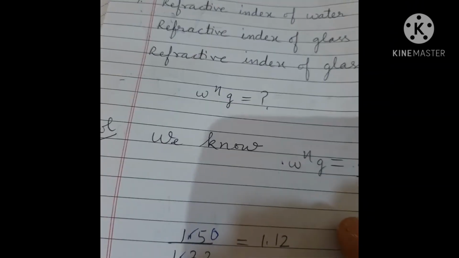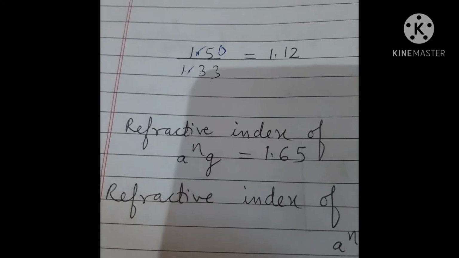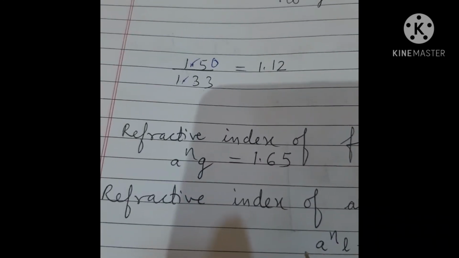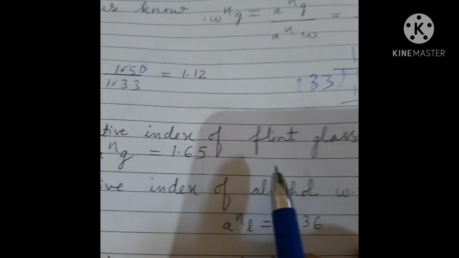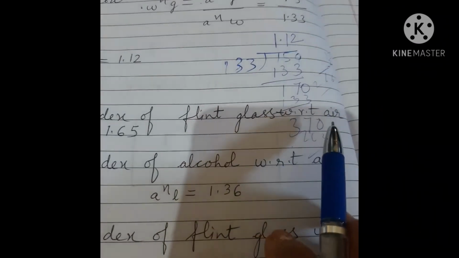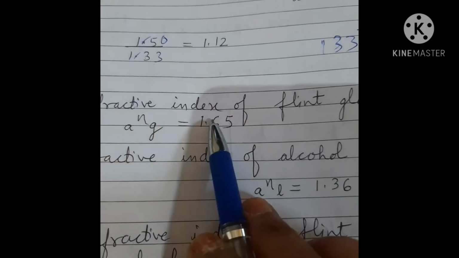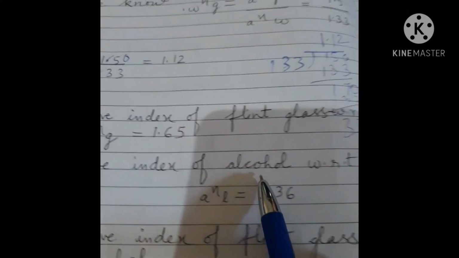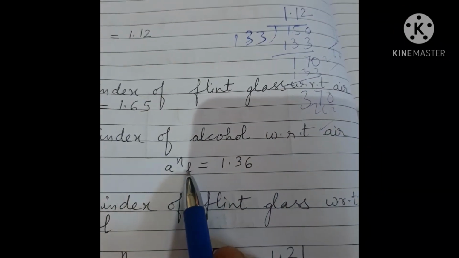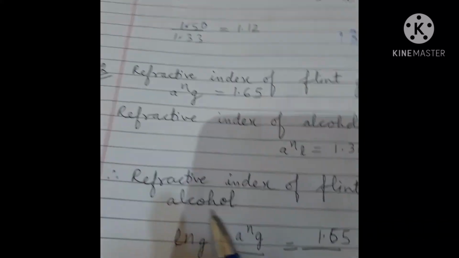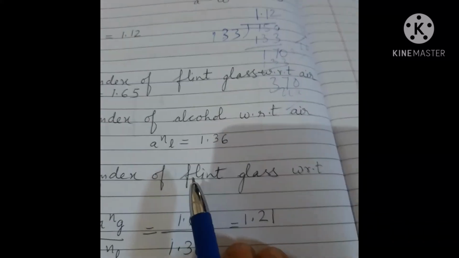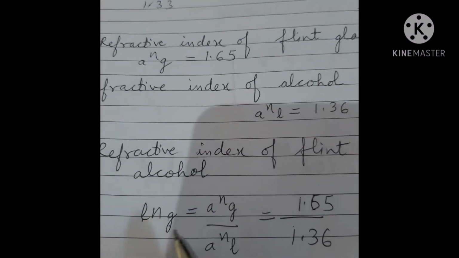So this is the numerical, and I am giving you another numerical to do at home. This is homework. Refractive index of flint glass with respect to air is 1.65. Refractive index of alcohol with respect to air is 1.36. Find the refractive index of flint glass with respect to alcohol.